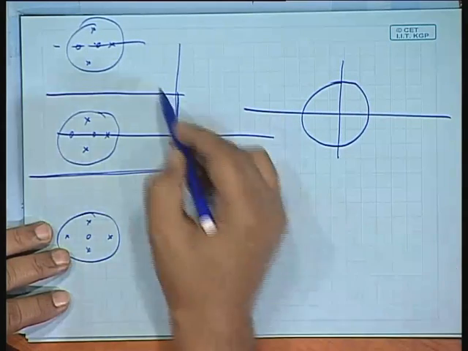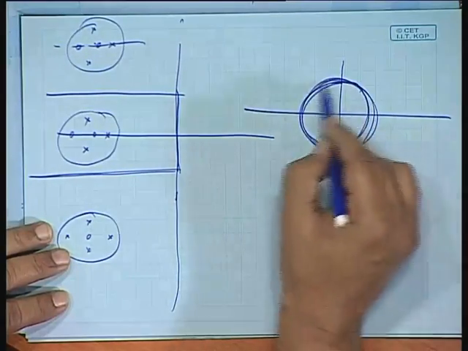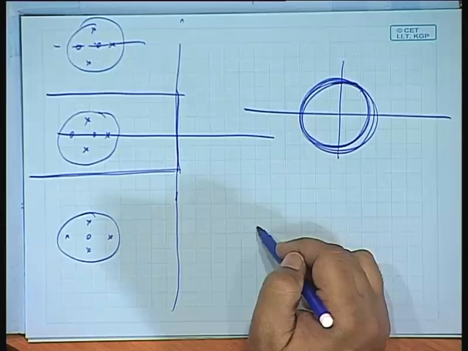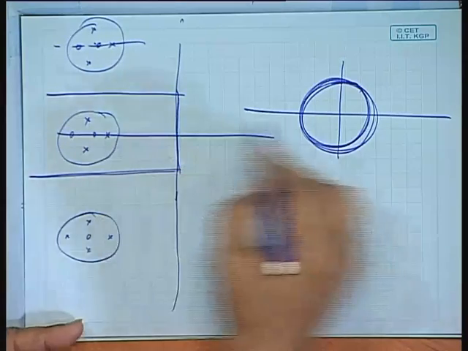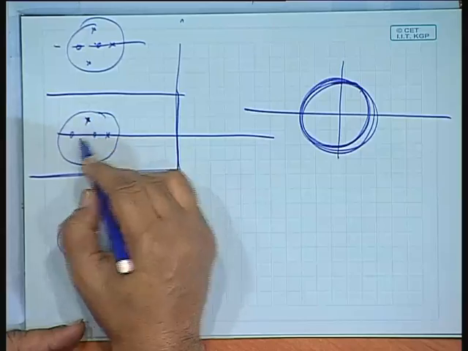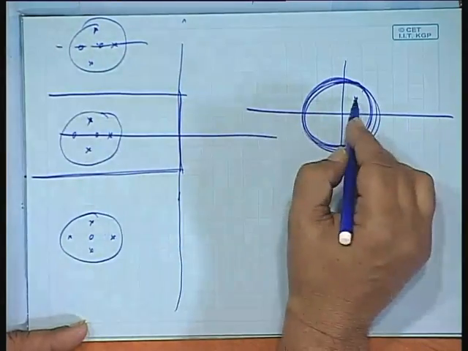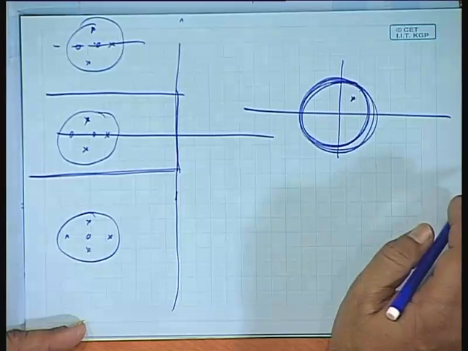Again from here to here, another circle. I will keep on making circles. That means a pole here corresponds to this point, then a pole here also will come here.